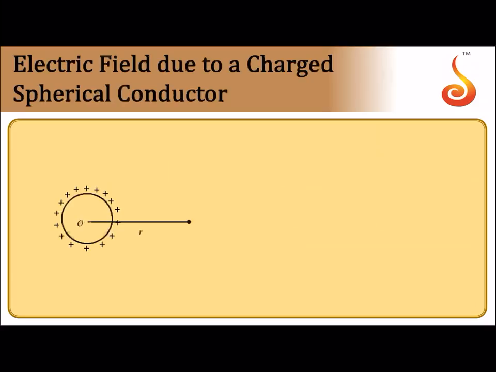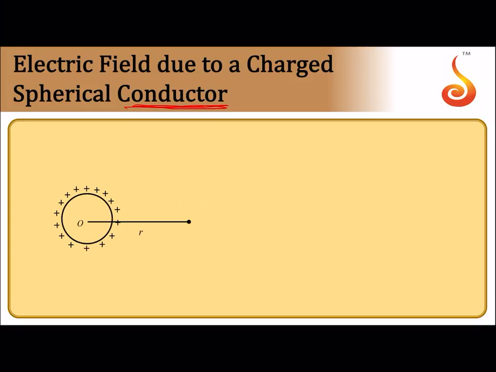Okay, what have I got here? I have got a spherical conductor. And remember, it is a spherical conductor. And when you studied the properties of conductor, did you come across the concept that charges stay only on the surface of a conductor?